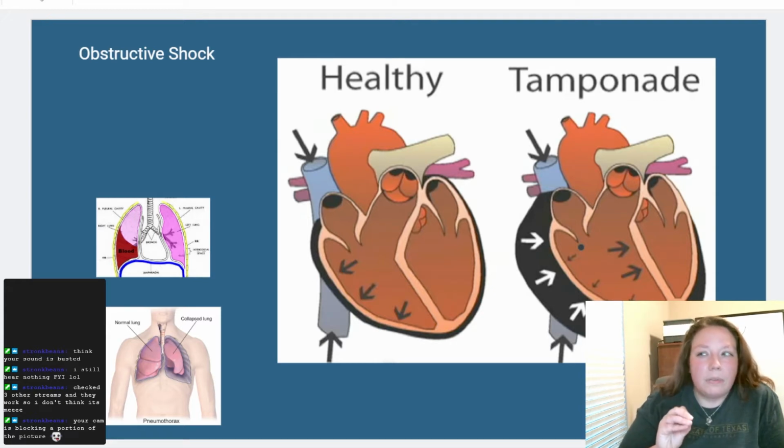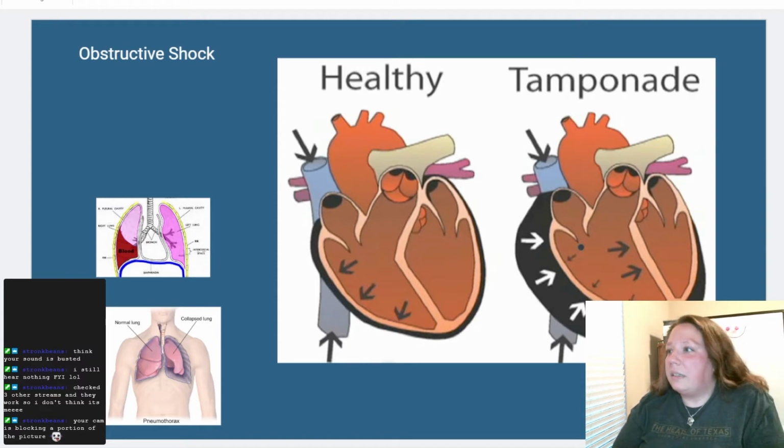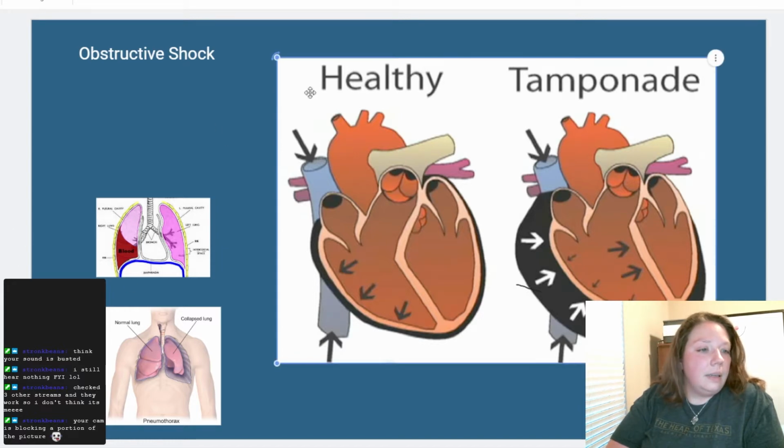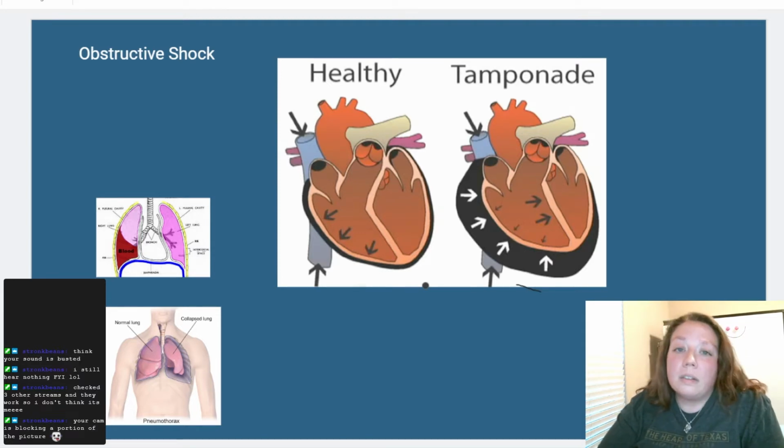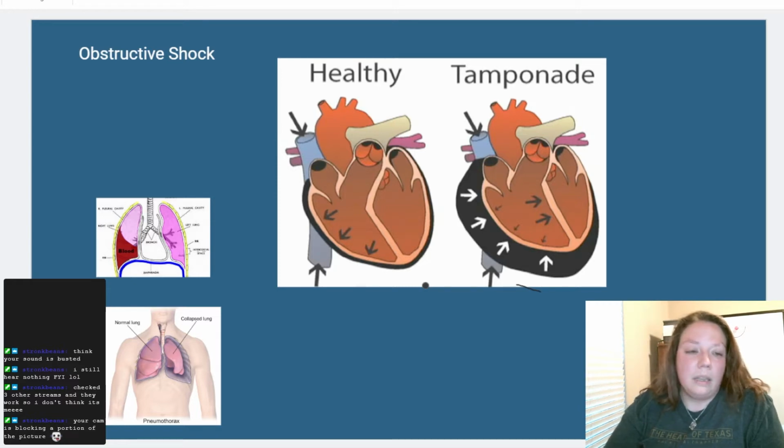It's very muffled, because the heart is getting compressed and has fluid around it, causing it to be very quiet. You can figure this out mainly through an ultrasound.